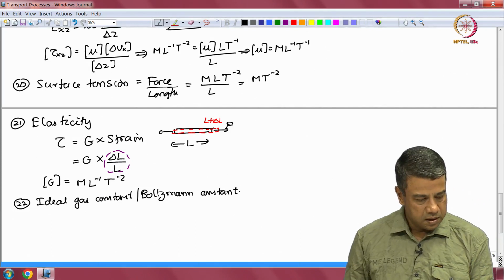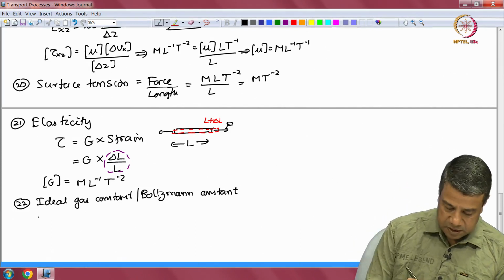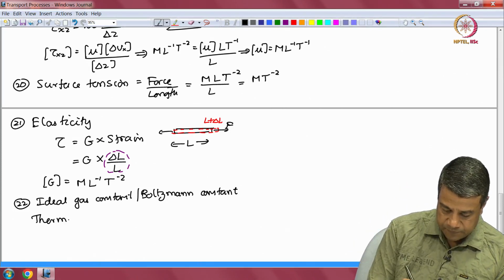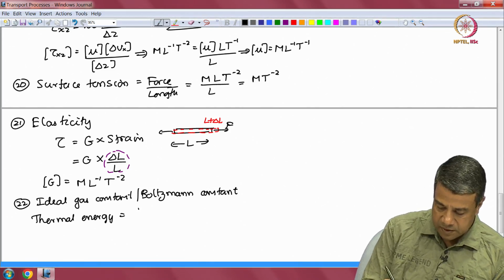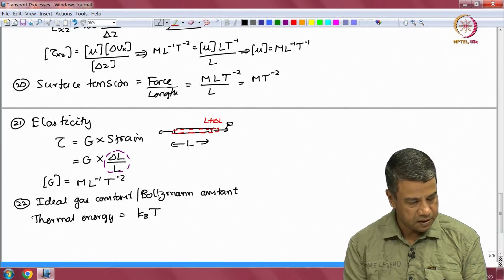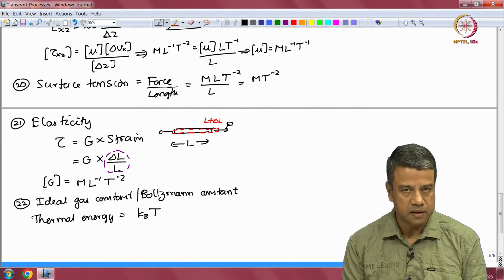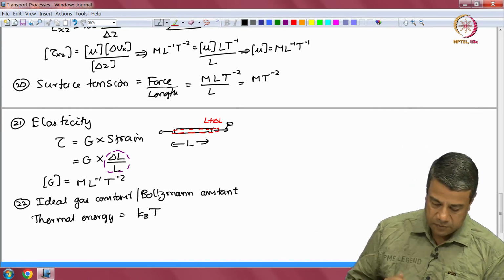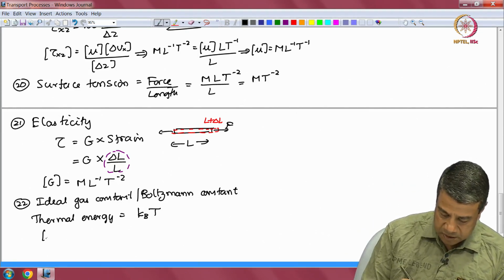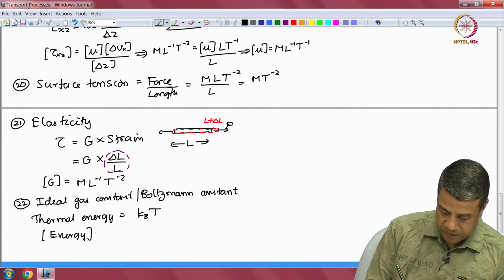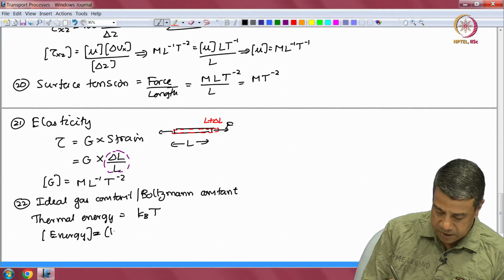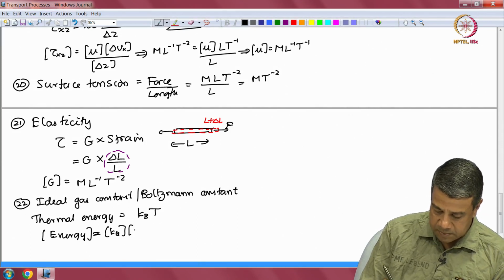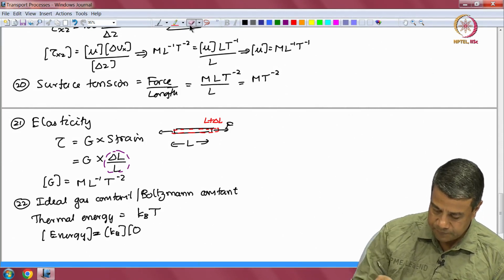The thermal energy is given by the Boltzmann constant times the temperature, where Kb is the Boltzmann constant. Therefore, the dimension of energy is equal to the dimension of Kb times the dimension of temperature.